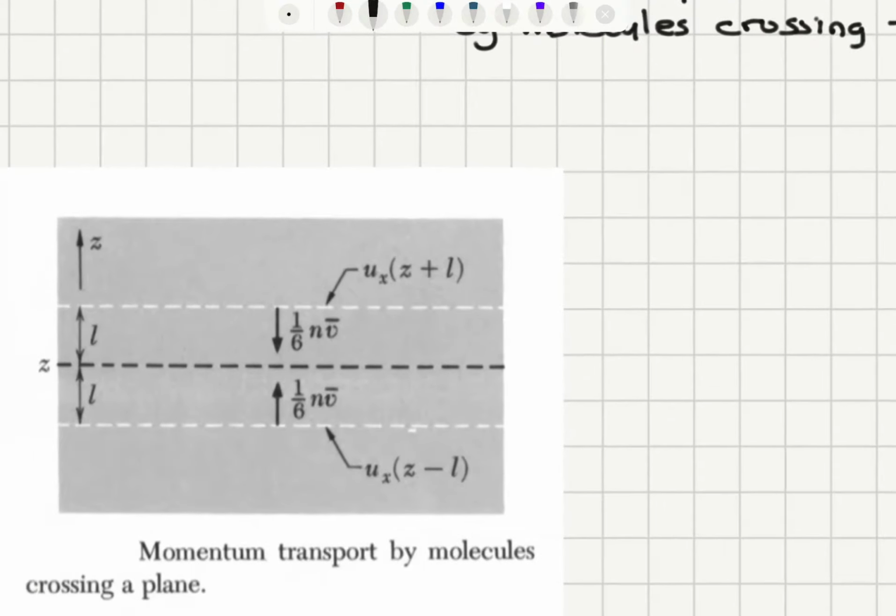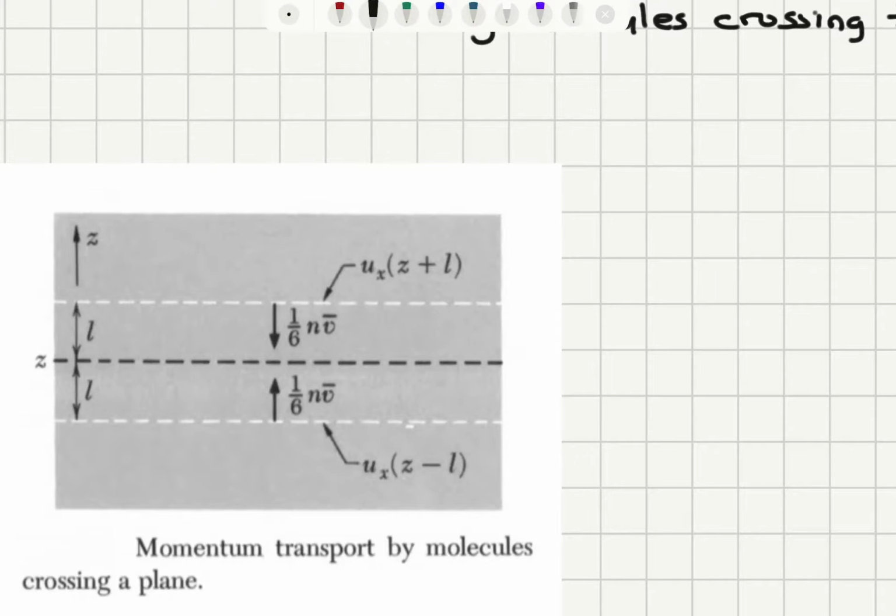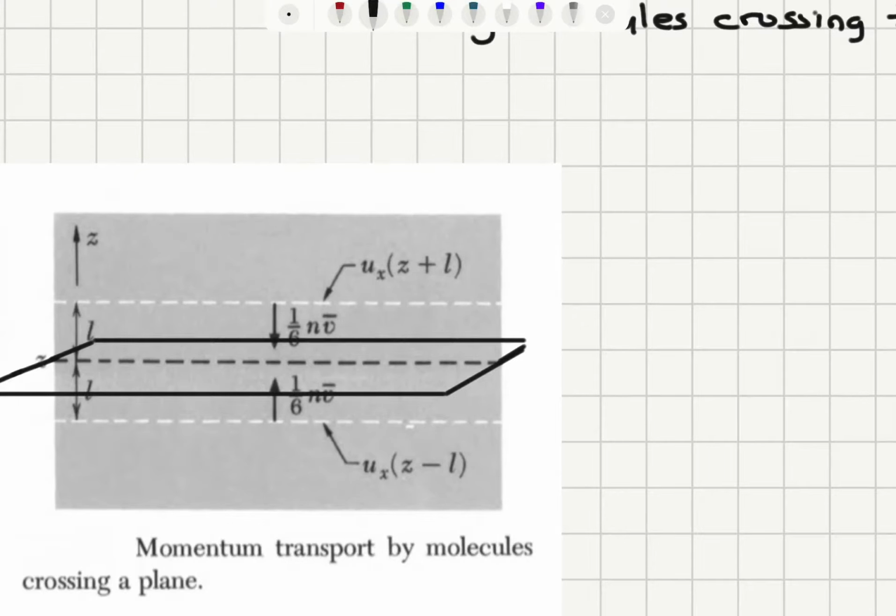So if you concentrate on the z equals constant plane, this is our z equals constant plane here. And above this plane we have the gas that we're concentrating on, and there is a net transport of momentum from molecules crossing this plane.